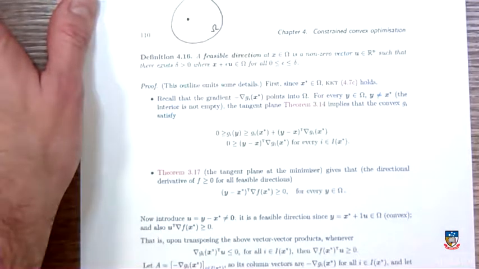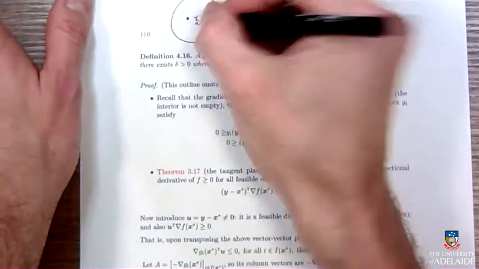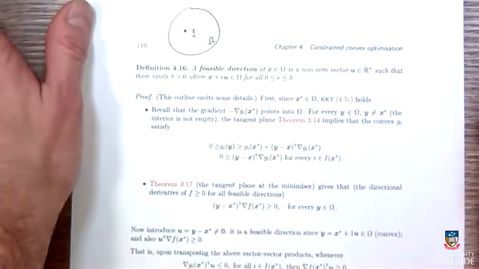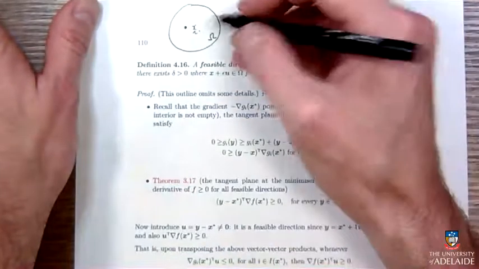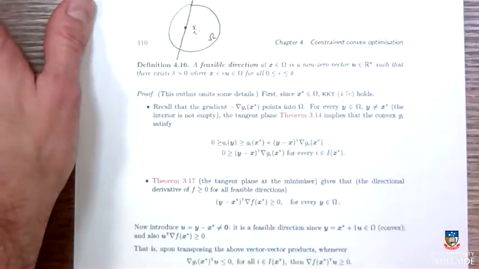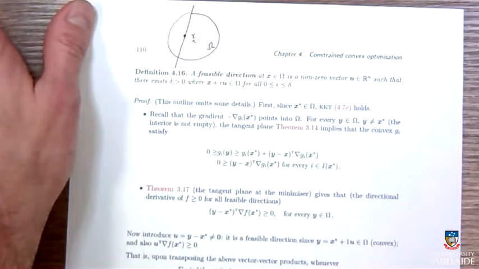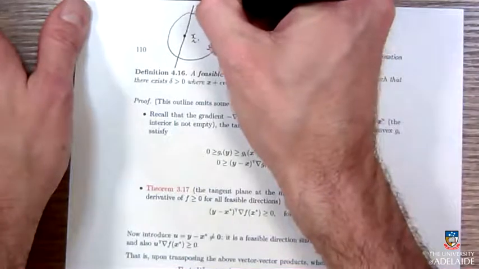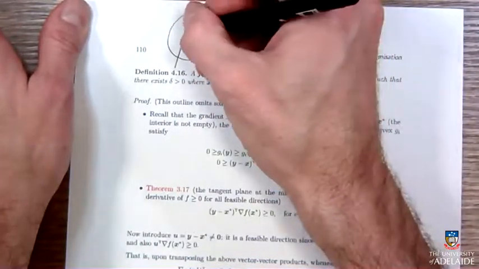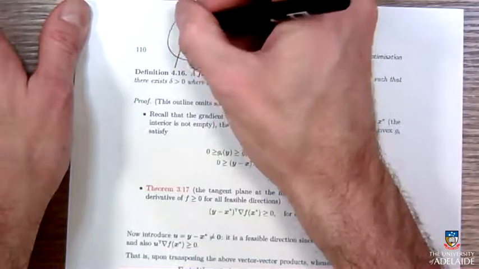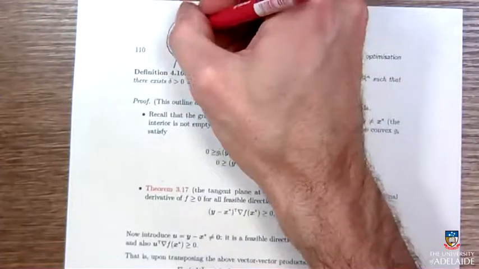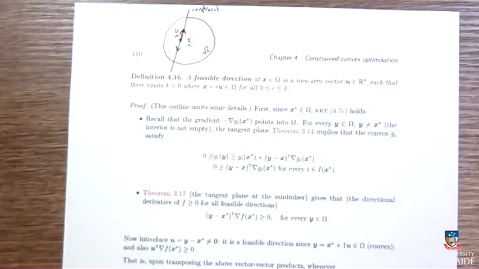u such that, for a point x and the direction u, there exists some delta where if I move along the direction of u, I stay within the set. That's the idea here.